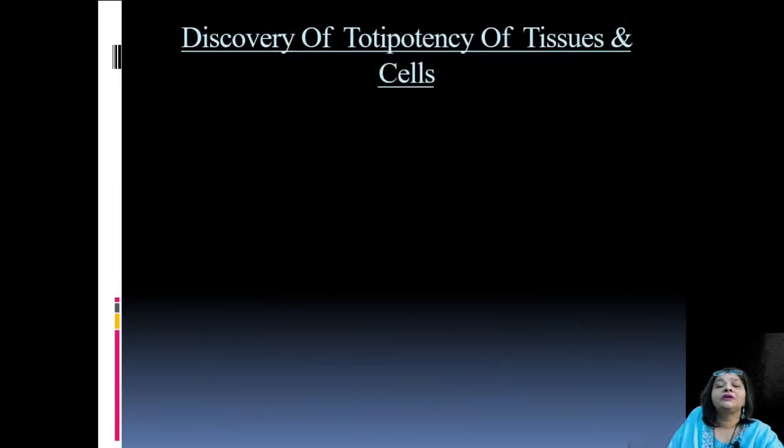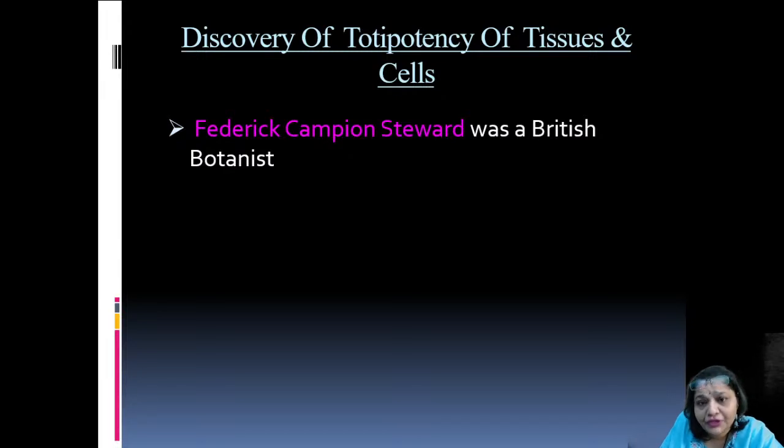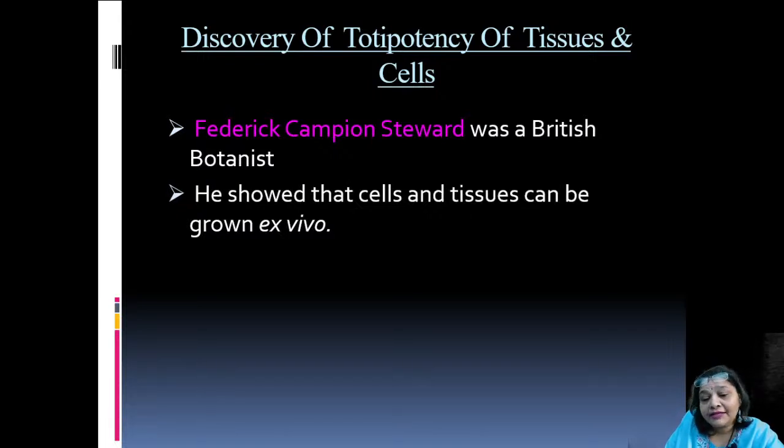Let us talk about who discovered the basics of biotechnology, which lie in totipotency, the capacity of cells and tissues to produce the whole organism. Let us see the discovery of totipotency of cells and tissues. It was Frederick Campion Steward, a British botanist, who showed that cells and tissues can be grown ex vivo. Ex refers to exterior, vivo refers to the living system.